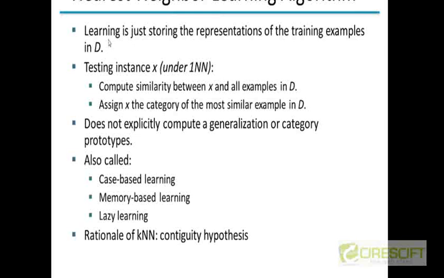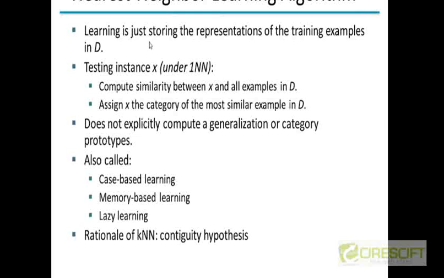So as I mentioned, in your training phase, you're not going to do anything. You're just going to store all the documents along with their colors. So we are not learning a model like we were learning in the naive Bayes algorithm. In the naive Bayes algorithm, in the training phase, we were learning what words appear with what frequency in different classes, and then we were storing those frequencies and using them as probabilities in the test phase.